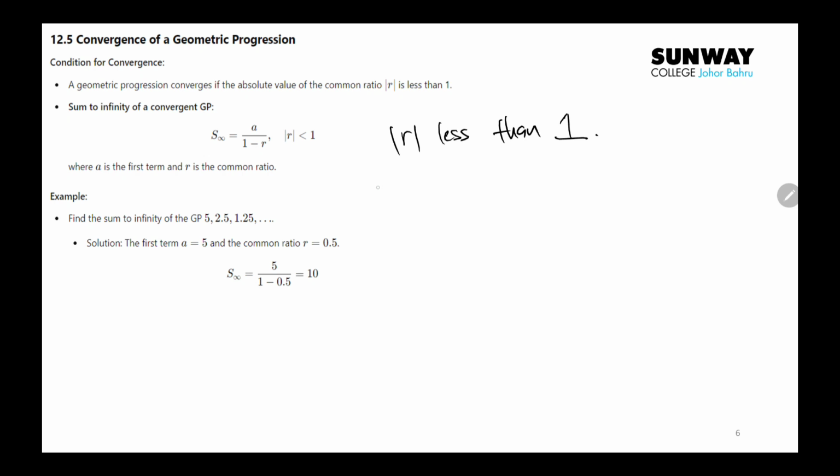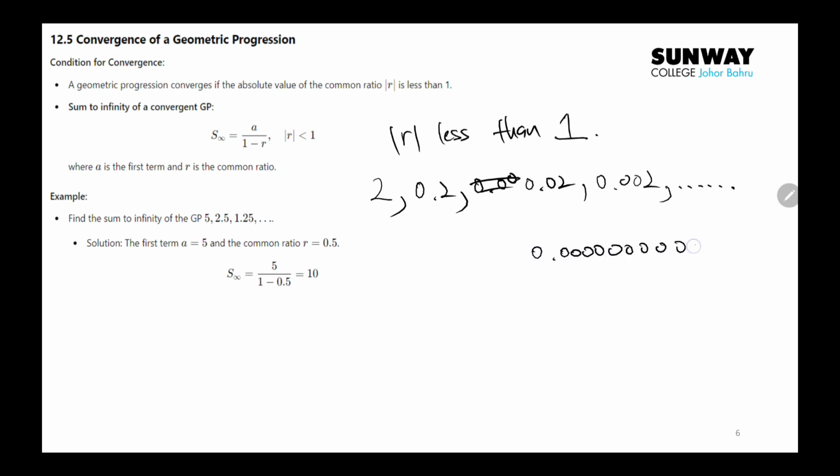For example, if you have a list starting from 2, and then the next is 10 times smaller than this, so 0.2, 0.02, 0.002, up to a certain extent, it is going to be so small that it is going to be insignificant.